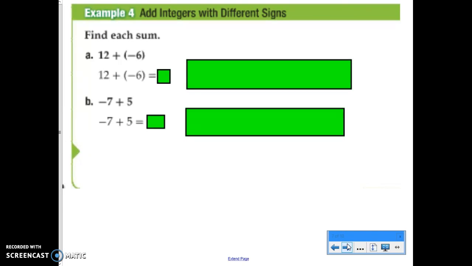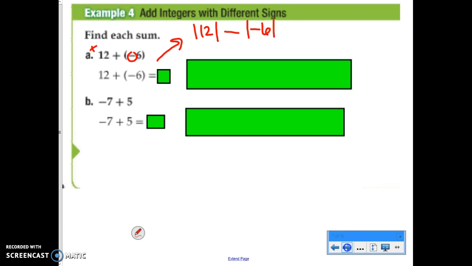So in our next example here, we need to add integers with different signs. Let's practice how to do that. I'm going to go ahead and write a up here, and because I'm adding integers, a positive one and a negative one, I take the absolute value of 12, and I subtract the absolute value of negative 6, okay?